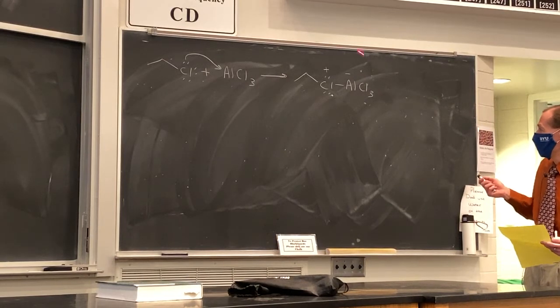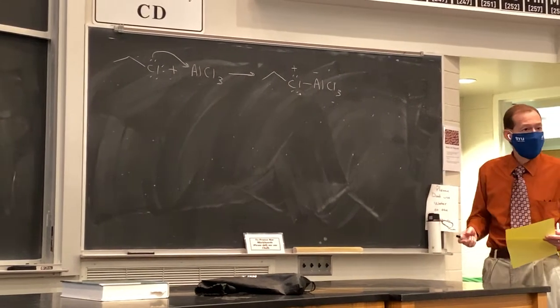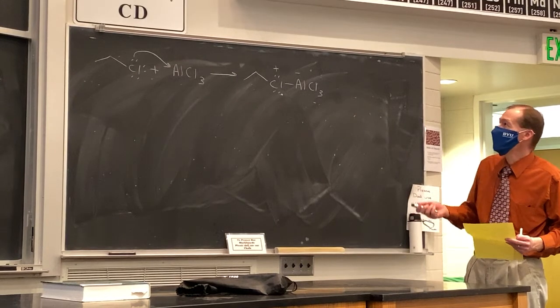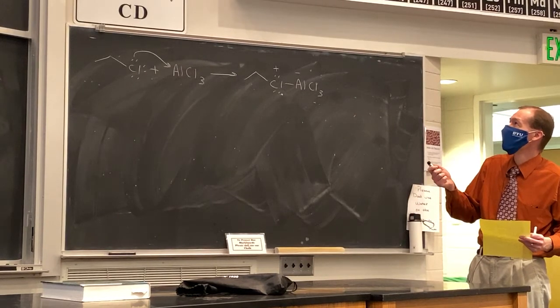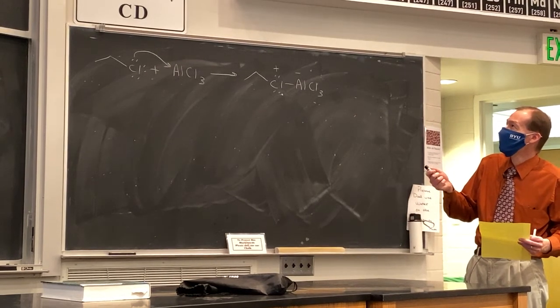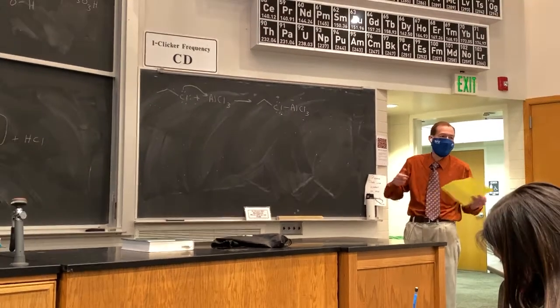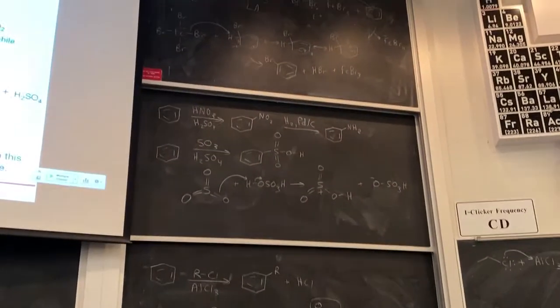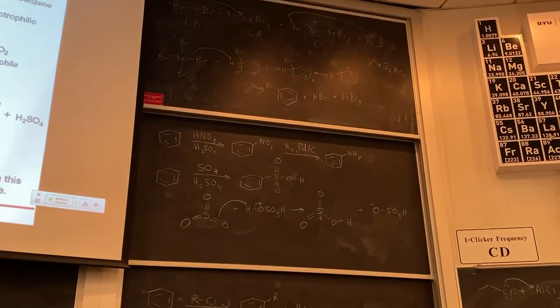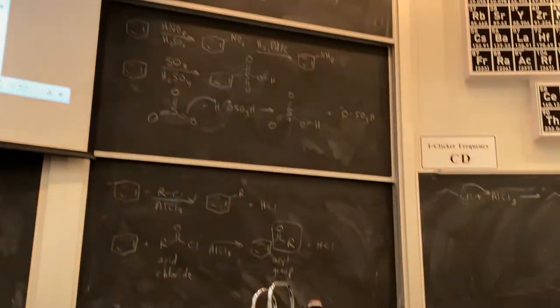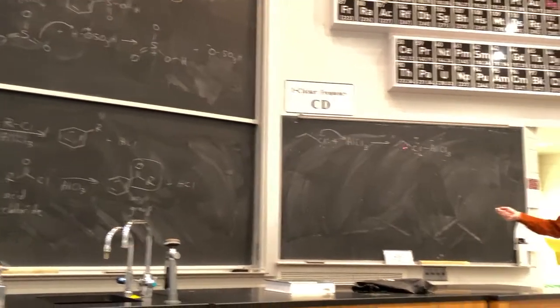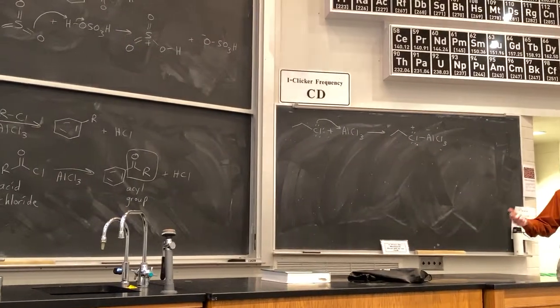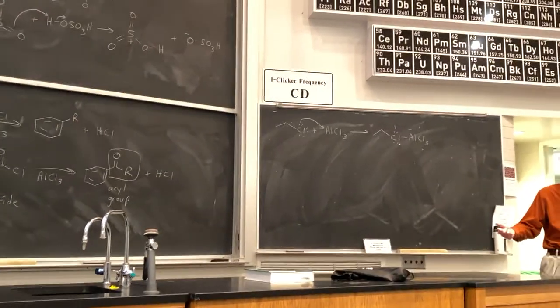And our benzene ring can attack the carbon attached to the chlorine the same way that up here on this board on the top, our benzene ring attacked the bromine that was attached to the positively charged atom. So this Lewis acid Lewis base complex will react directly with benzene. Benzene will attack at this carbon, cleaving our carbon-chlorine bond and making AlCl4-.